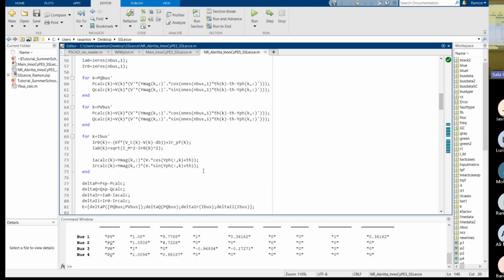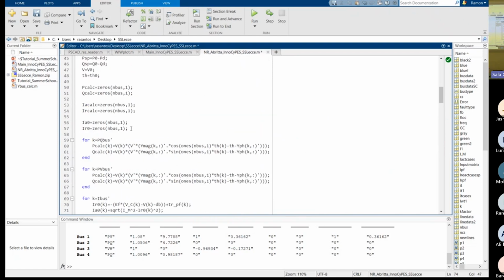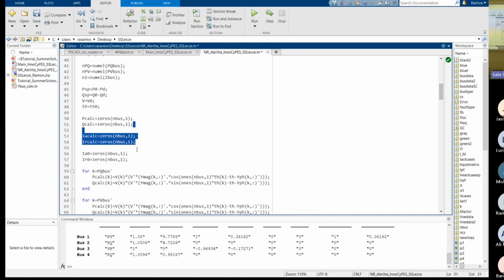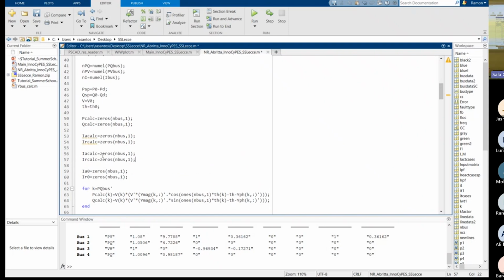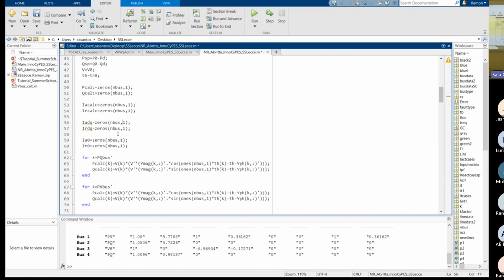I know this is kind of boring in a certain way, but the idea is that you get a bit of the feeling of how this is done. So here I am creating some vectors to store the values. So I will create an IADQ for the active current in the DQ frame and an IRDQ for the reactive current.